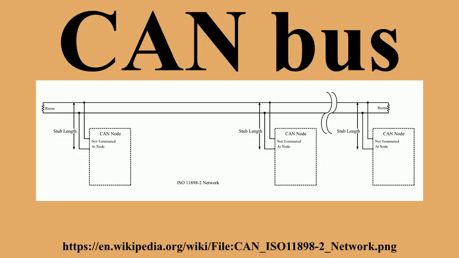The modern automobile may have as many as 70 electronic control units for various subsystems. Typically, the biggest processor is the engine control unit.